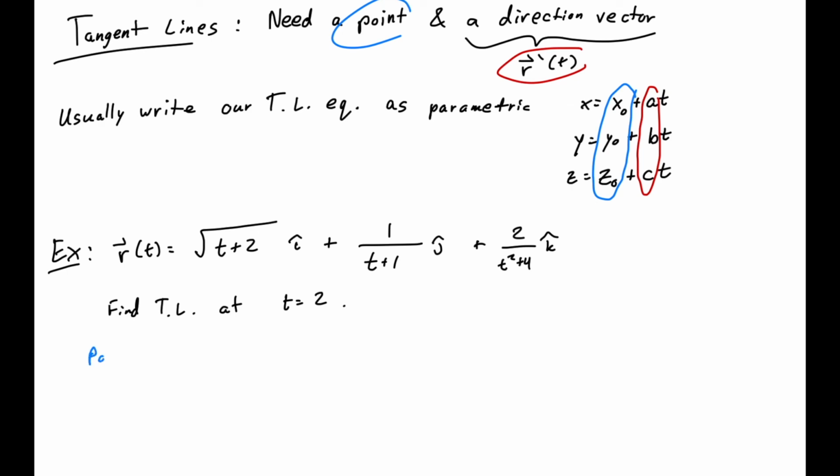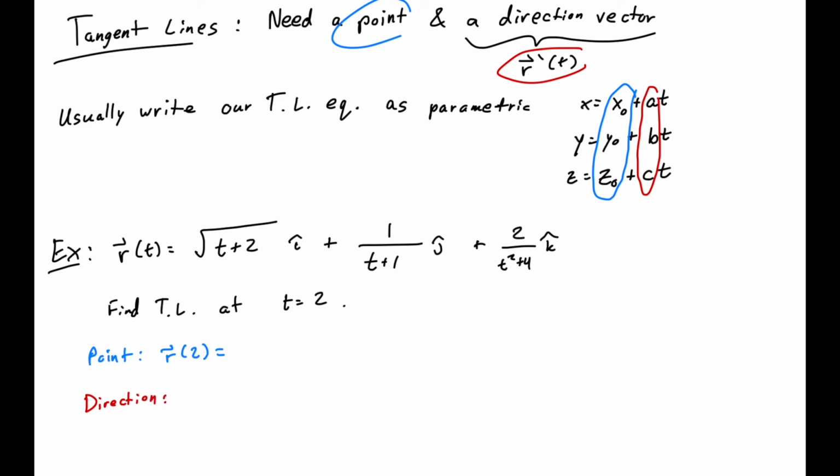So the point should give you flashbacks to your calculus class. How are we going to get the point? We're going to do r of 2. Find that for me real quick. How are we going to get the direction or the orientation?